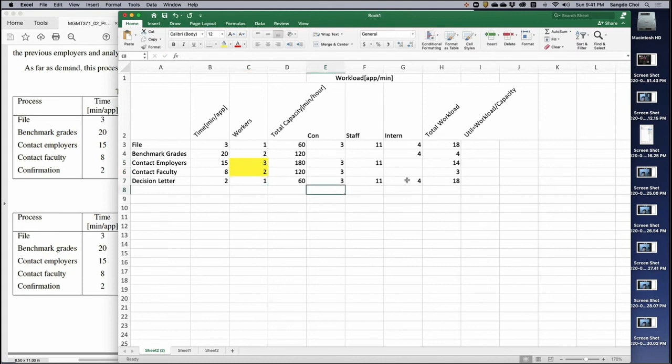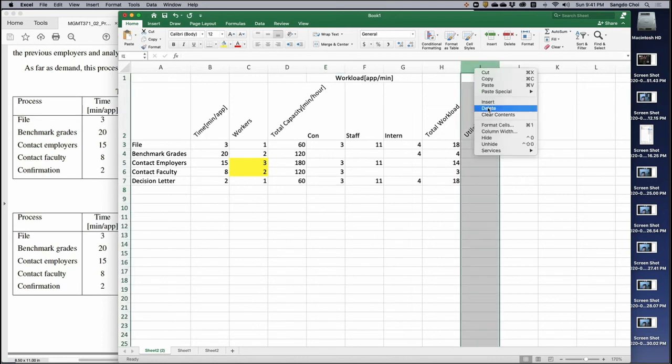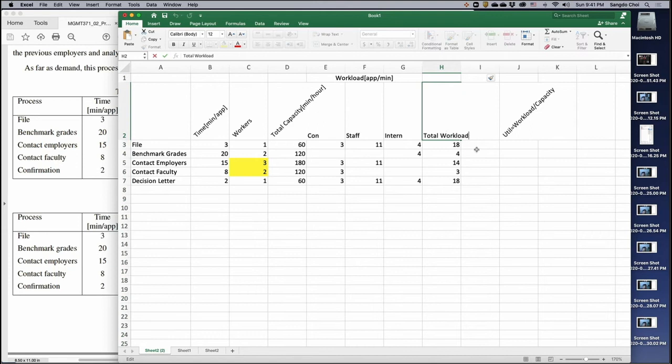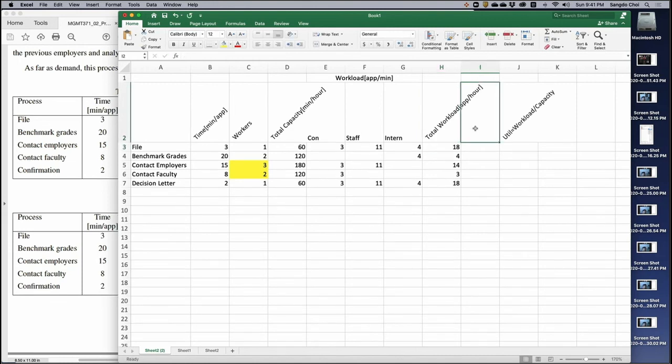And now this is the total workload. Now we want to change the time unit. This is simply applications per hour, but now we want to compute the total workload in a different unit, minutes per hour.